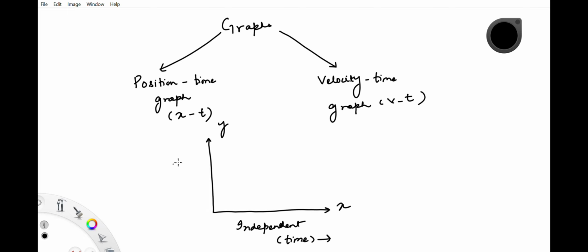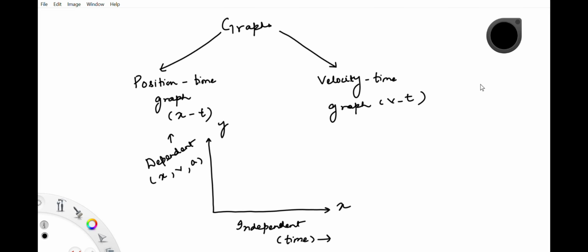They are dependent on time. So you plot the dependent variable on the y-axis. So this can have position, velocity, acceleration, and our graph somewhat is like this. When you talk about labeling the axes, our graph will look like this.